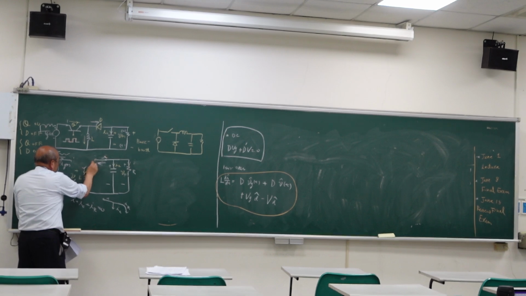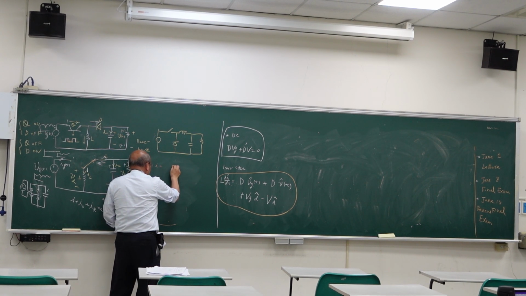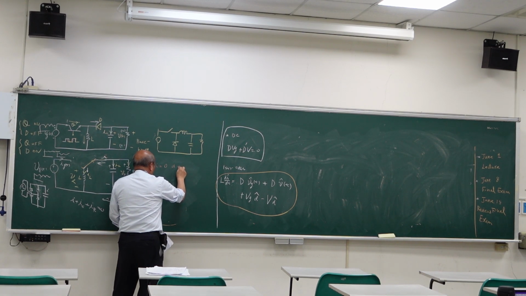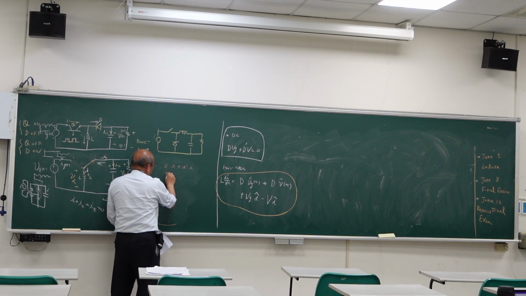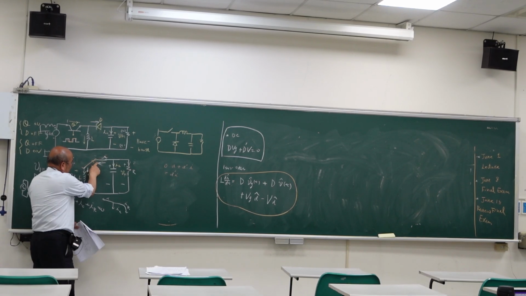If our switch connects here, then we have I. So what is I? I equals D multiplied by 0 plus D prime multiplied by I. So it is D prime I. So this is this current.